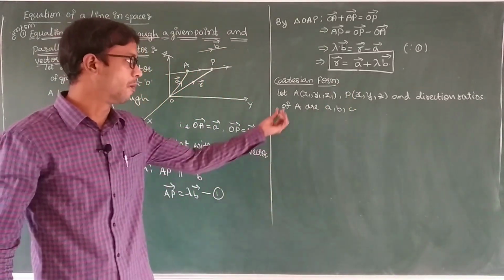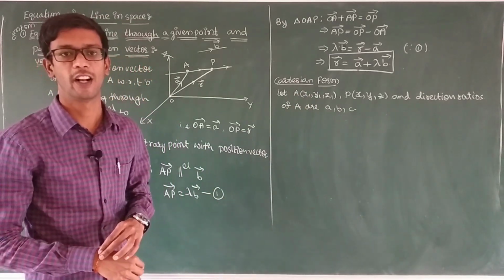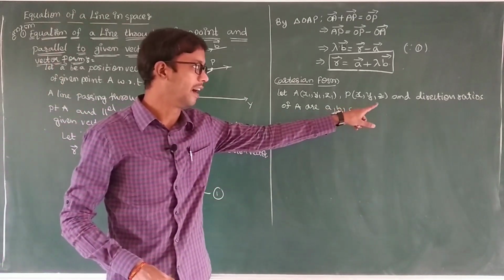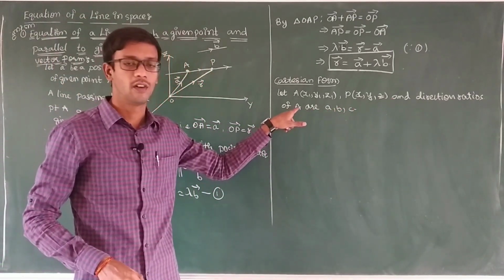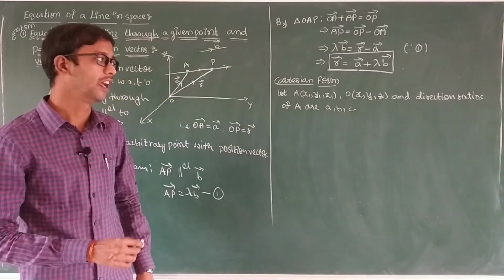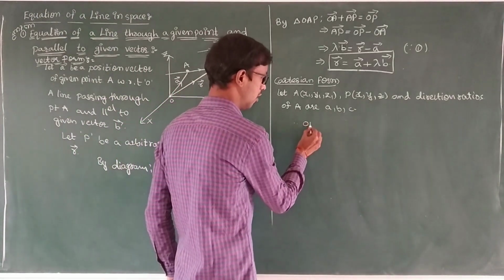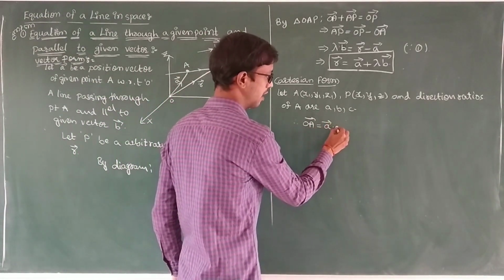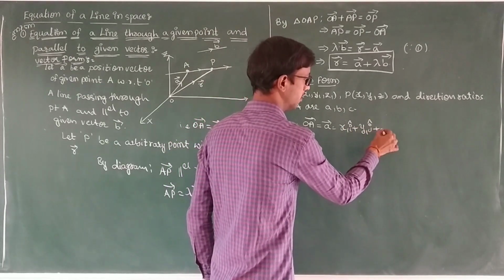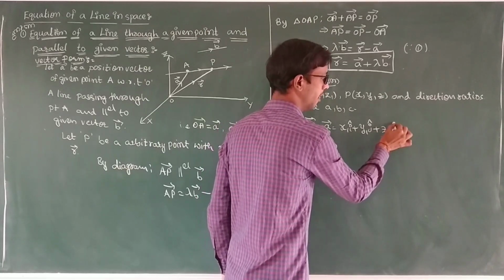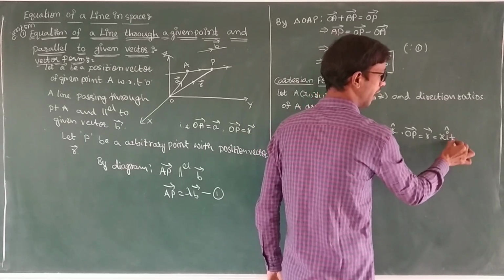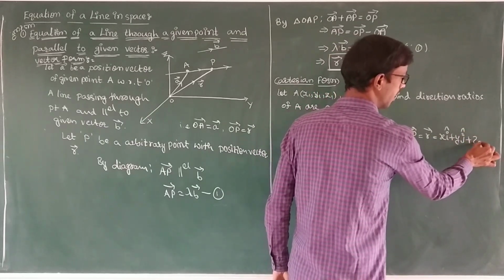I am taking point A coordinates x1, y1, z1, point P coordinates x, y, z, and the direction ratios are a, b, c. Therefore, we can write OA bar, that is A bar, equal to x1 i cap plus y1 j cap plus z1 k cap. OP bar is equal to r bar, equal to x i cap plus y j cap plus z k cap.